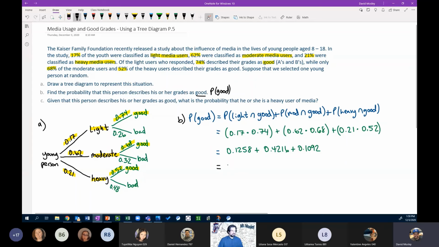And we get 0.6566. Right? So the probability of selecting someone who describes their grades as good is 0.6566, or 65.66%, or approximately 66%.